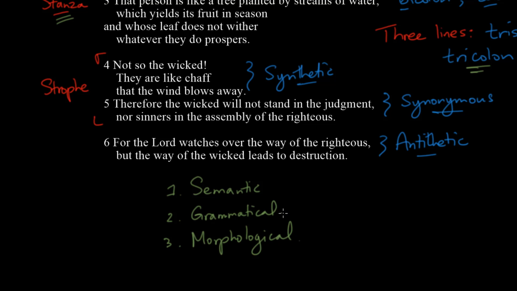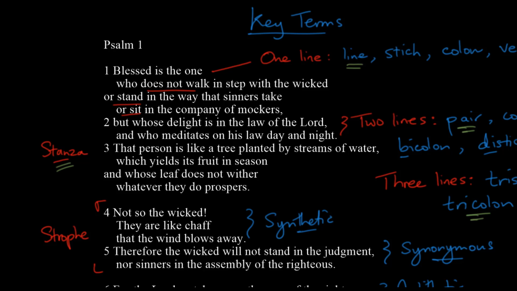Well, what are these? So the most common one is semantic, and semantics is the study of meaning. If we go back, for instance, to verse 1, you can see that we have these ideas, right? Walking and standing and sitting, three different things that have roughly the same meaning. They have to do with motion.